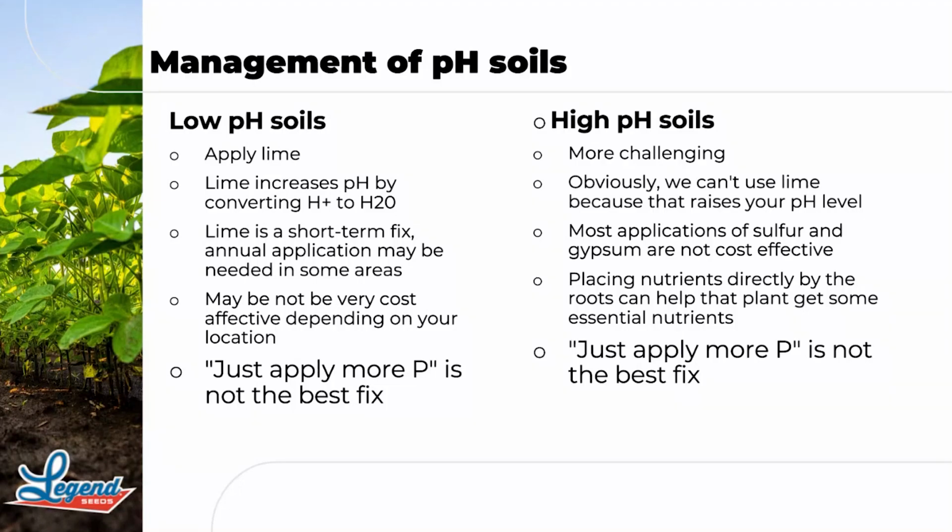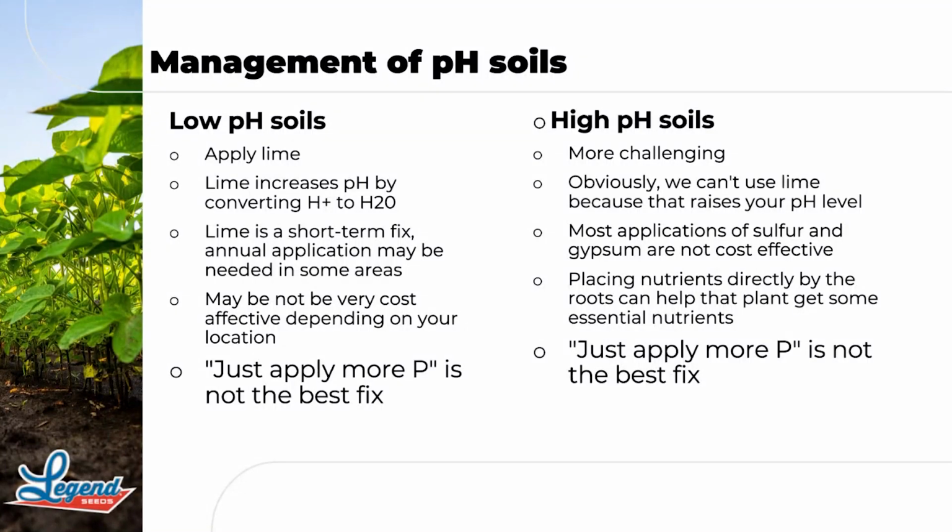But in most areas, this is not cost effective, and really, it's just not a good management portion of it, depending on where you're at. So in those high pH situations, we can put some nutrients, side dressing, or so on, right next to that plant that will help that plant battle through those tough situations. And again, just don't apply more because it's not a good fix for that.